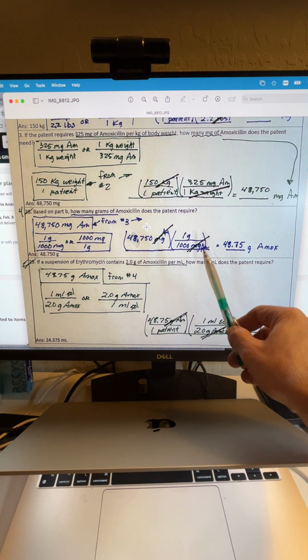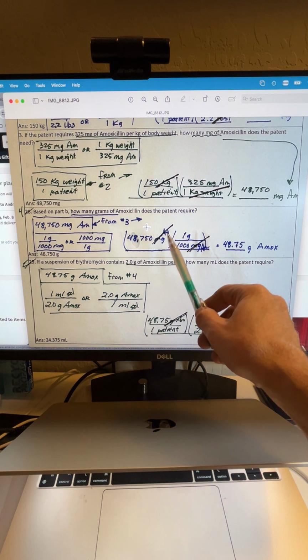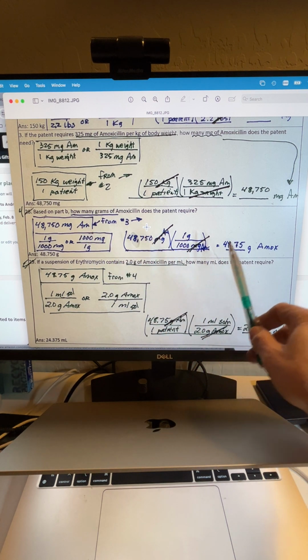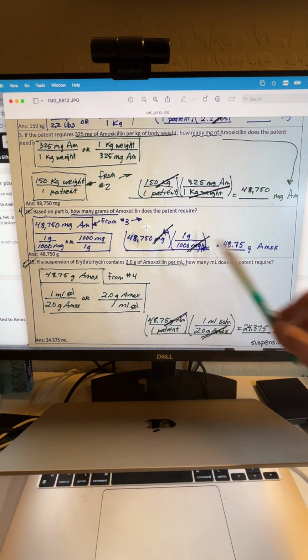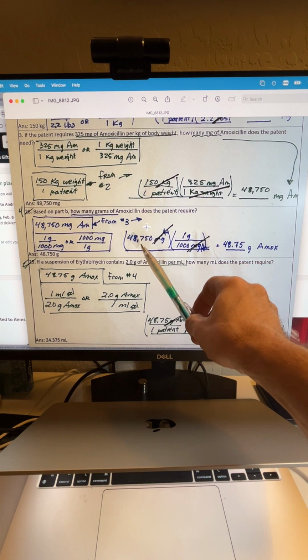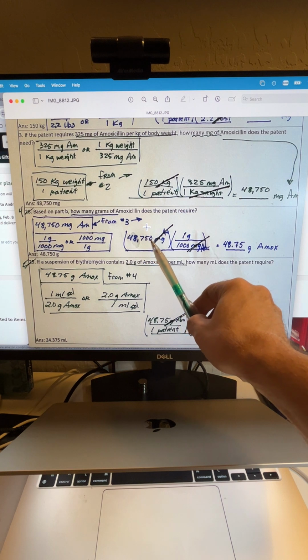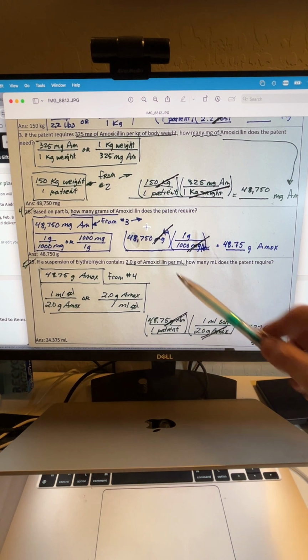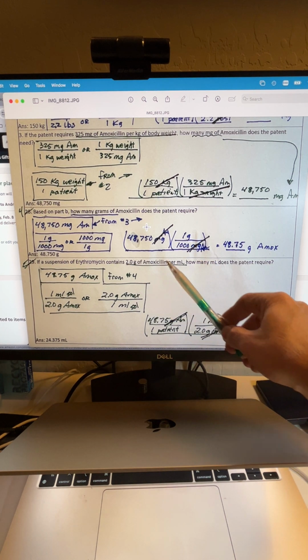There's milligrams of amoxicillin on the bottom, so I need milligrams of amoxicillin on the top. Multiply this out, and this will save you the confusion with thinking, gosh, do I divide it or multiply it? It sets it up for you, so the calculation is straightforward.